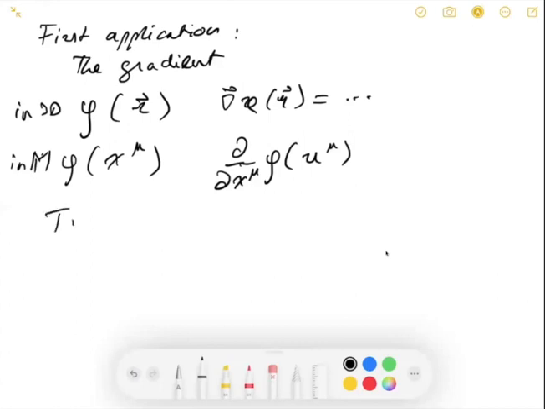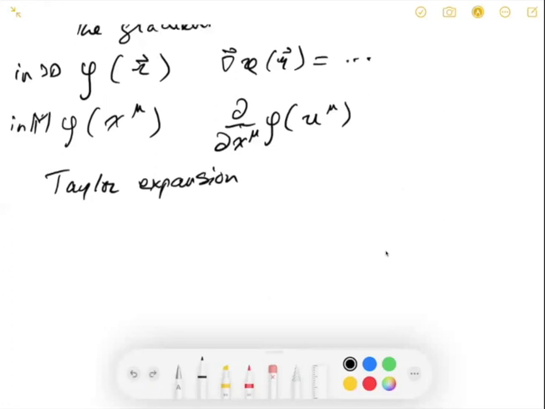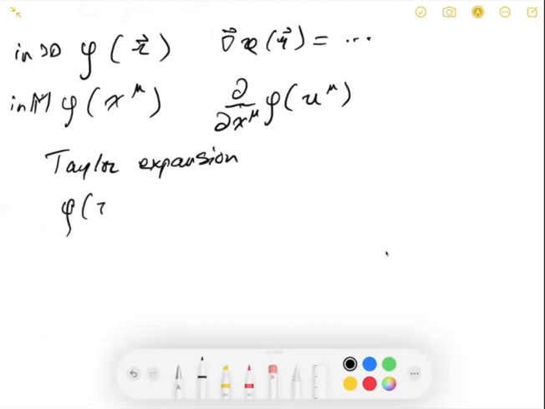Then a Taylor expansion would look like this: phi at some position u^μ plus some distance, let's say w^μ, would be, well, you start at u, and you just add the first derivative and then the dot product with the distance, right?